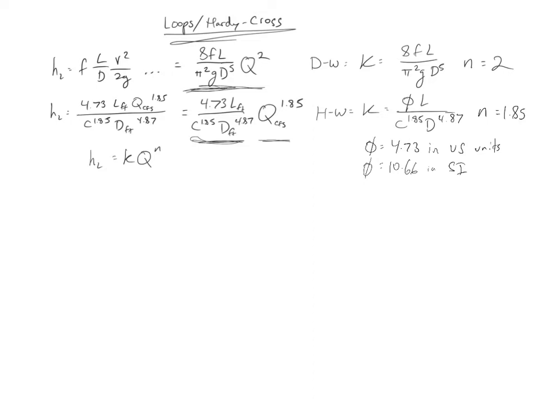Okay, so we're going to use this again in a little bit, but the main thing we're going to talk about with regards to how we are going to solve loops is a method called the Hardy-Cross method.